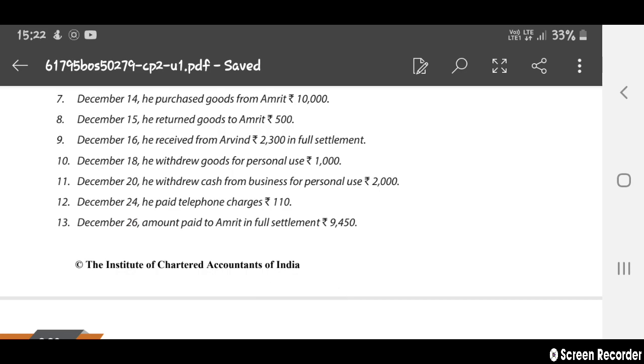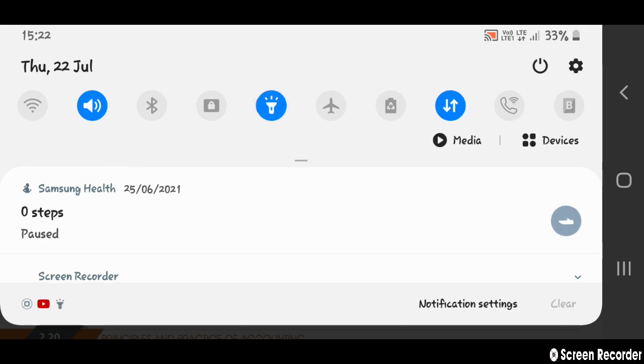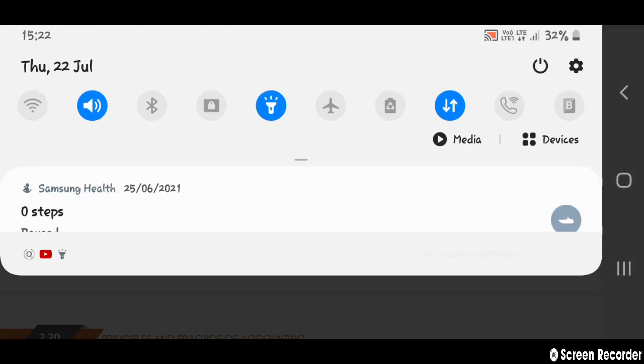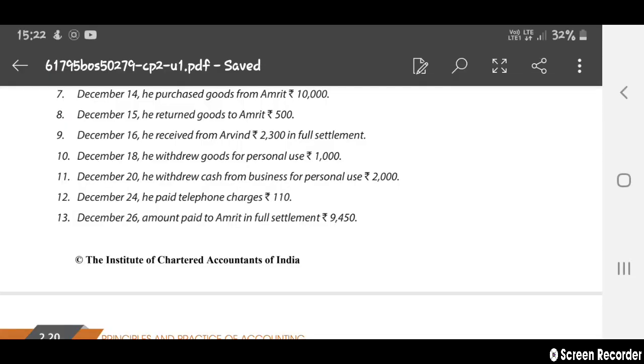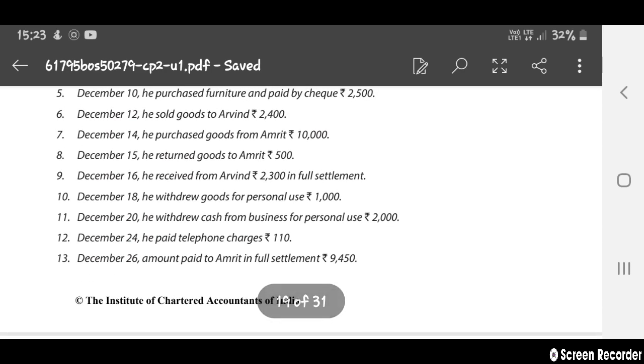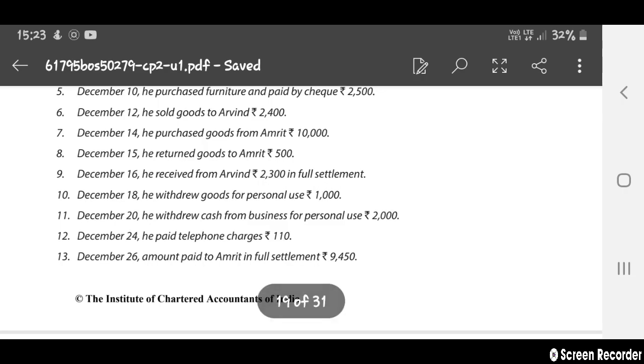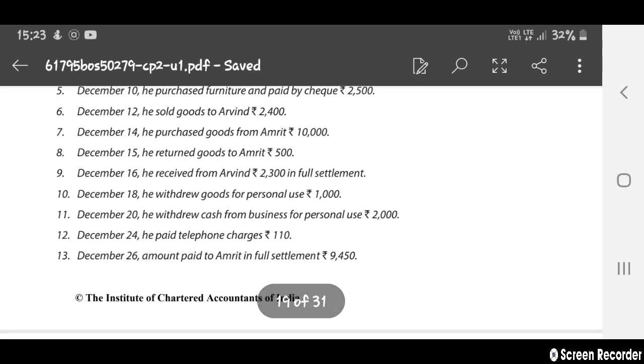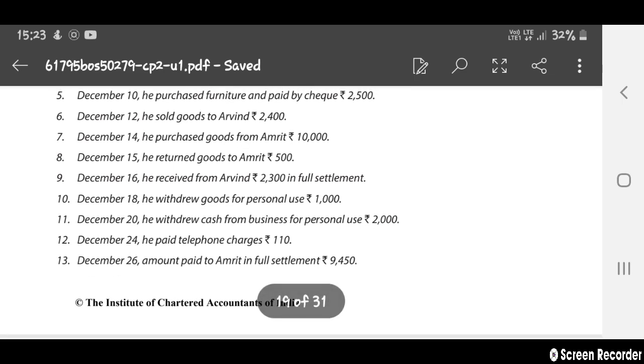On December 16, he received money from Arvind, rupees 2300 in full settlement.